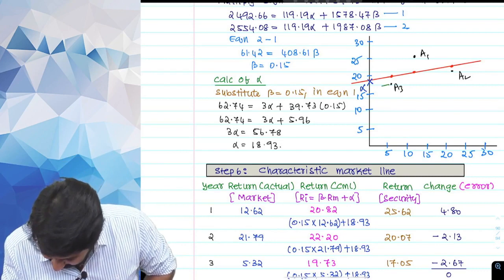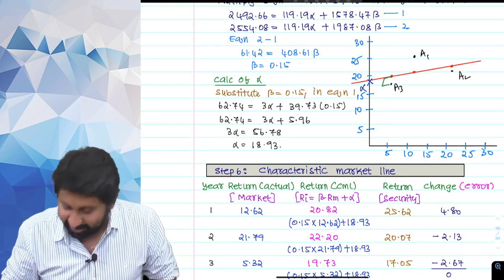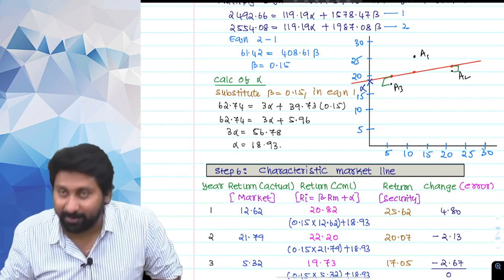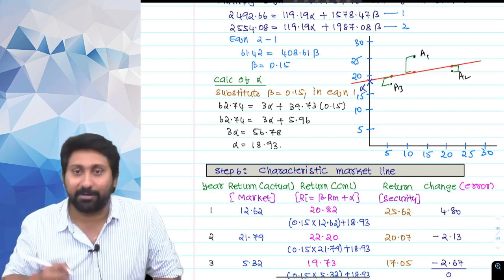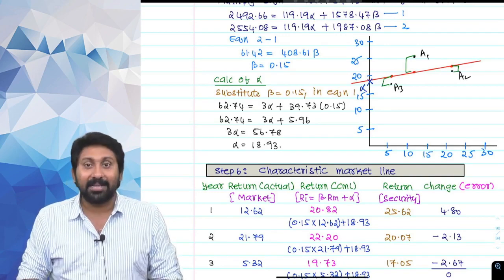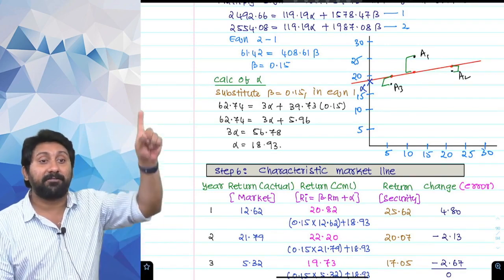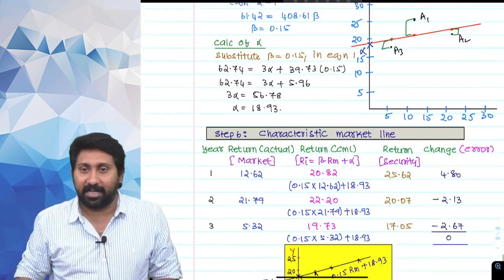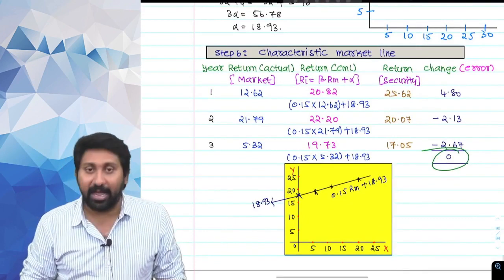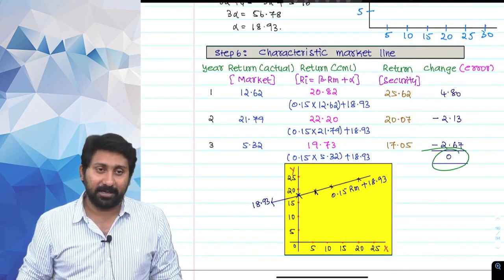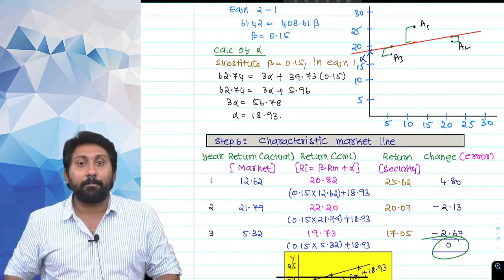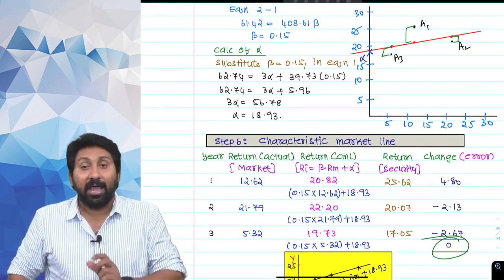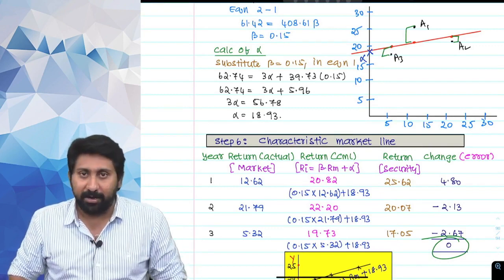If you see the difference between this and this, and between this and this, if you take a scale and count, the downward differences and upward differences will exactly knock each other out, resulting in a gap of 0. That's how it came. Why is it 0? Because of this. How many points gap is there below the line and above the line? Both will cut at the middle exactly.